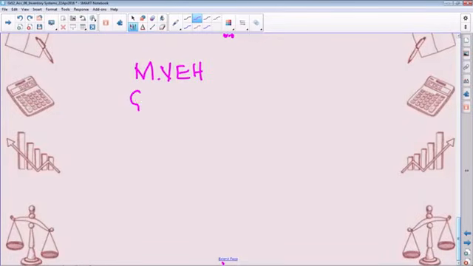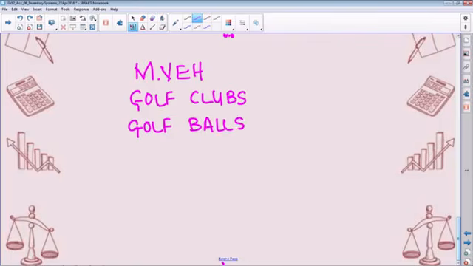Take the item golf clubs, and take your golf balls. Right. I want you to assign each item here to a specific stock valuation method without repeating any of the methods.